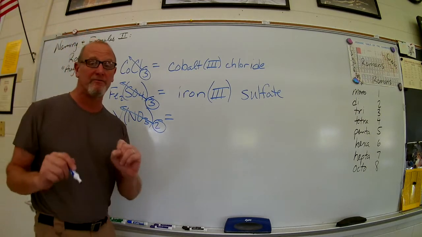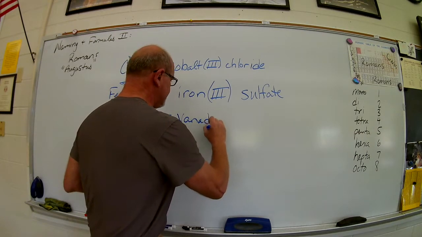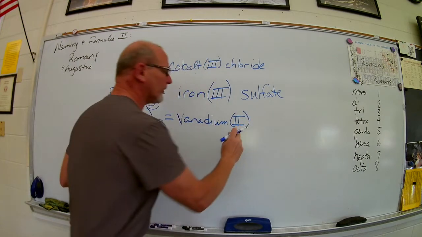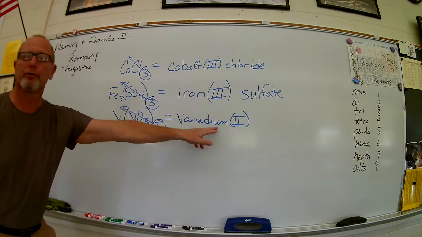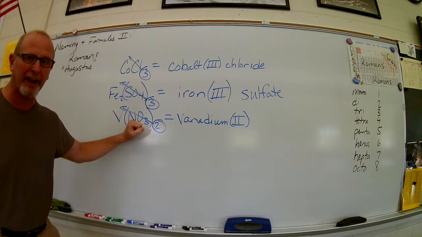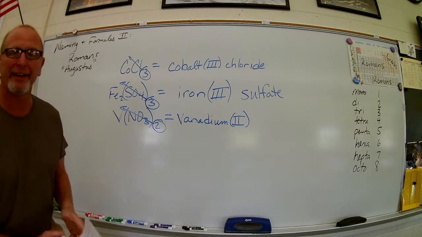Vanadium here is going to be vanadium plus 2. So let's write that vanadium 2. We don't have to say that it's plus 2 in the Roman numeral. These Roman numerals always represent the positive ion. Then I just have to have memorized that NO3 is going to be a nitrate.